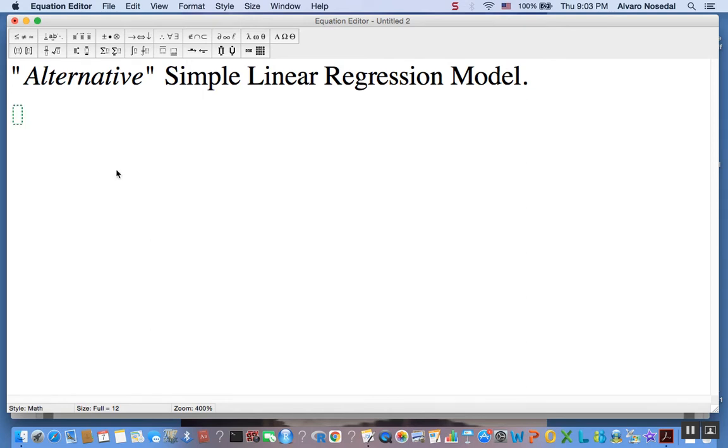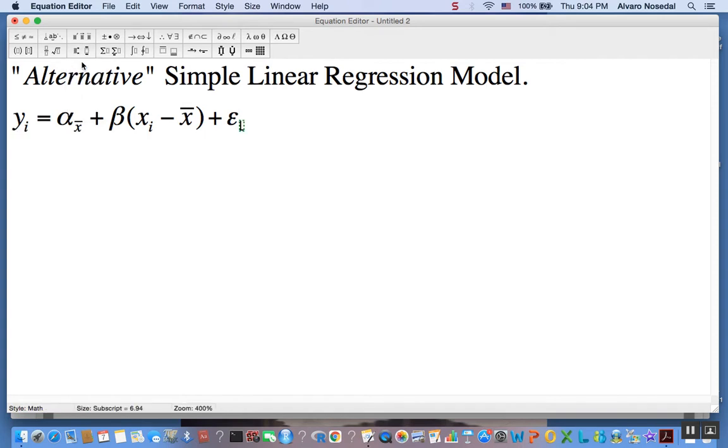So what we're going to be doing is mathematically modeling our response variable, the variable that we want to predict, with the following mathematical expression: alpha sub x bar, that's the notation that the authors of our textbook use, plus beta, the slope, times xi minus x bar, plus epsilon i.